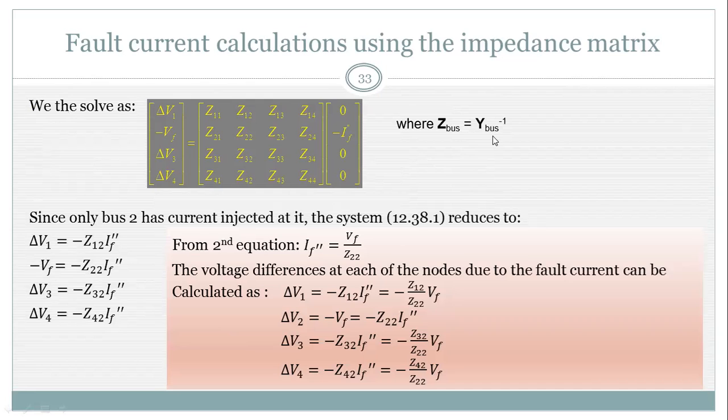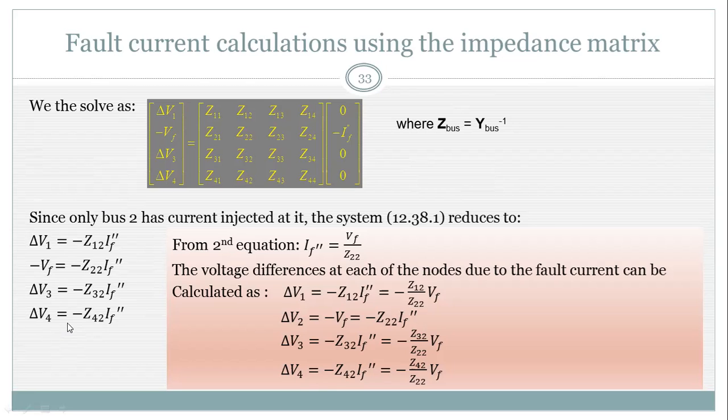So you have to identify the system Y-bus matrix first. Next, whenever you invert this matrix, you will get the impedance matrix. From this equation, we can easily find the individual equation of bus voltage change at the instant of initiating fault. So if we consider del V1, that should be minus Z12 times IF double prime.